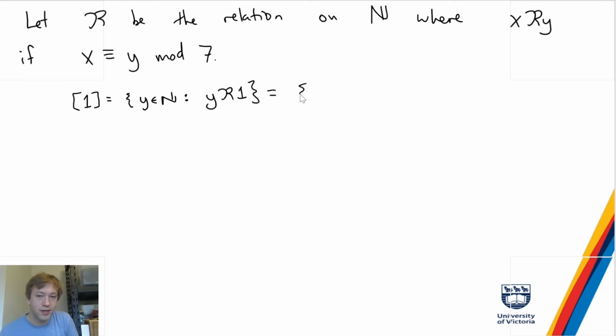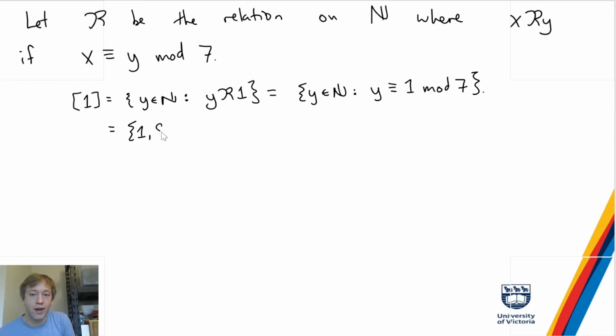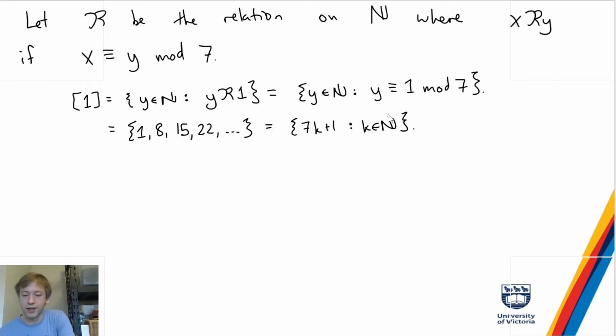Or in other words, this is the set of all natural numbers y such that y is congruent to 1 modulo 7, which of course is just the set of all numbers containing 1, 8, what's next? I guess 15, 22, and so on. So it's the set of all numbers of the form 7k plus 1 such that k is a natural number. Actually, k is either a natural number or 0.